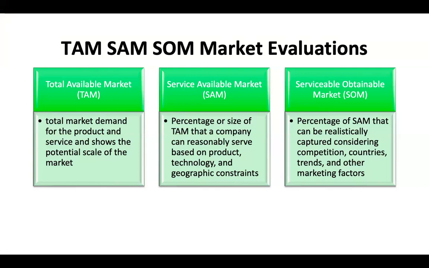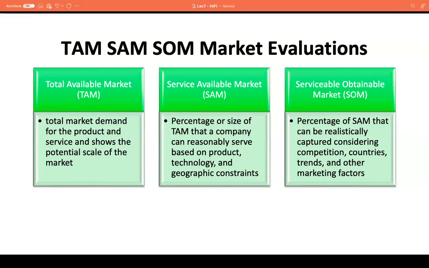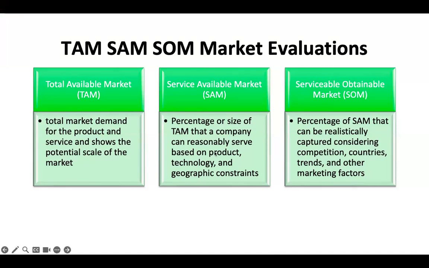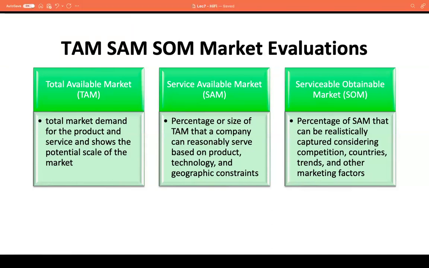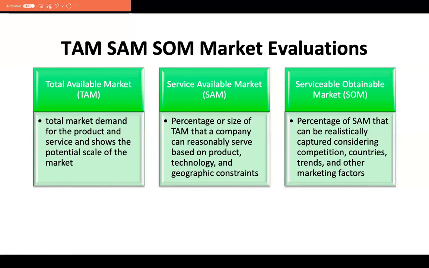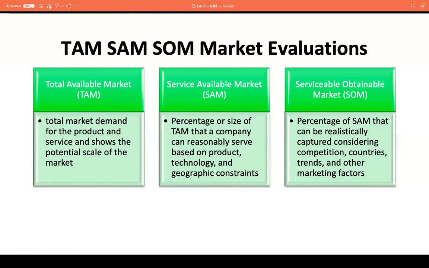So now, in this market evaluation strategy, we consider factors such as the company's resources, capabilities, distribution channel. SAM also takes into account the specific characteristics and needs of the target customers and excludes those segments that are not feasible or viable for the company to reach. So you only focus here on those market segments that you can reach.